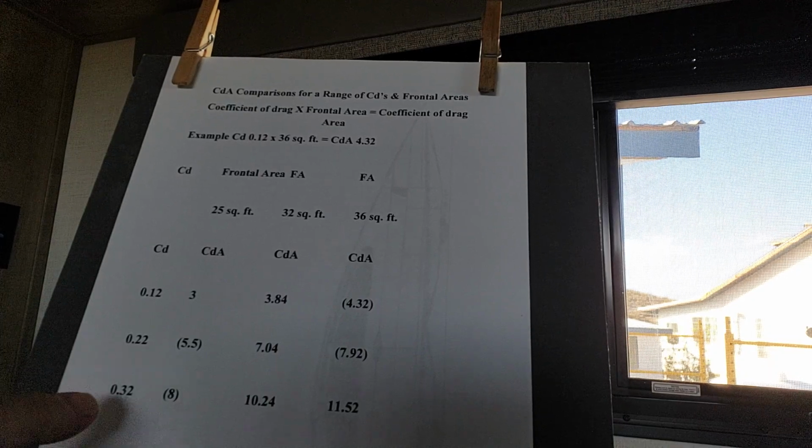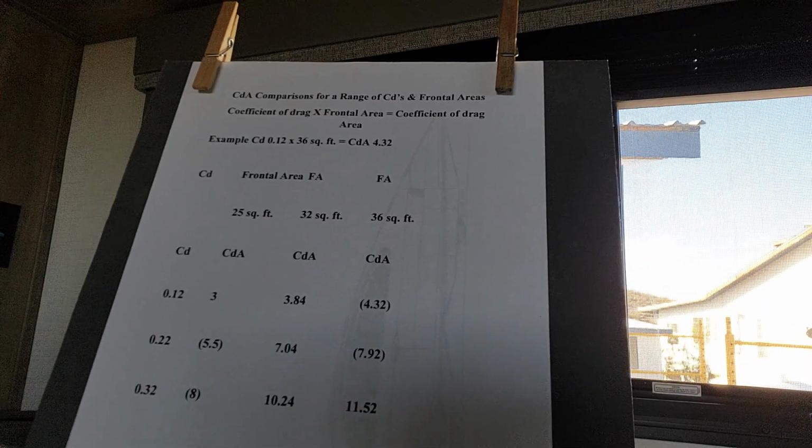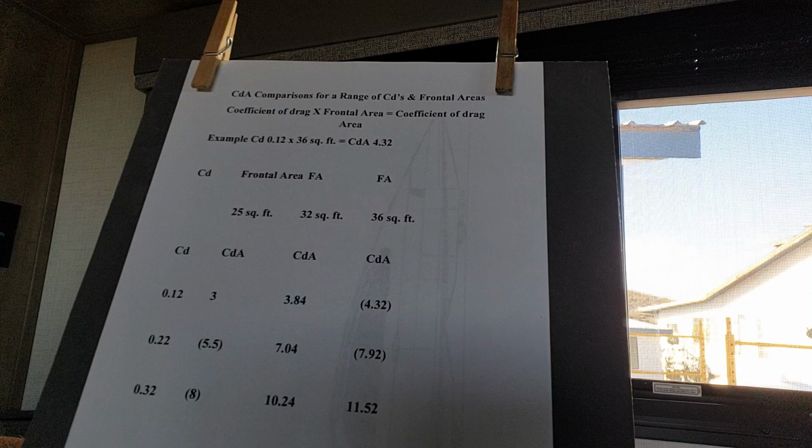So if most cars are this, and Tesla is this, you can kind of see the secret sauce of a Tesla. And I don't understand why most automakers haven't tried to do this, because it's extra battery capacity, extra range. It's all there, it's built into the car, just due to the shape.